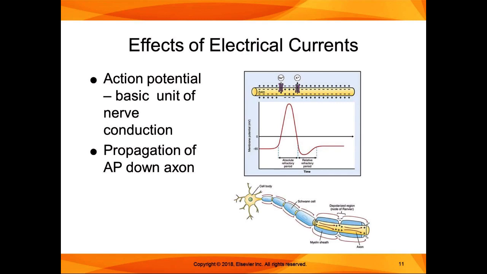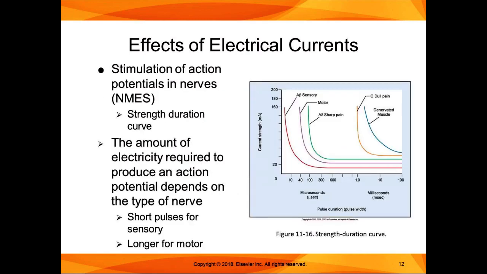So we'll talk about the generation of an action potential in gory detail in neuro, but really what you need to know for this quarter is that electrical currents that we apply to the body stimulate that action potential and cause nerves to fire, basically.